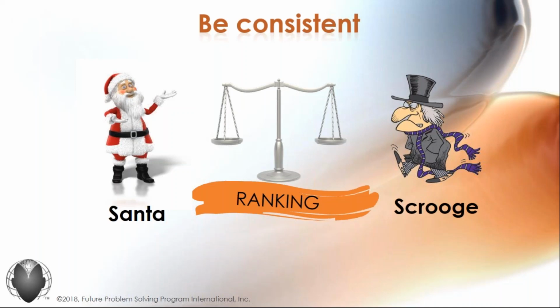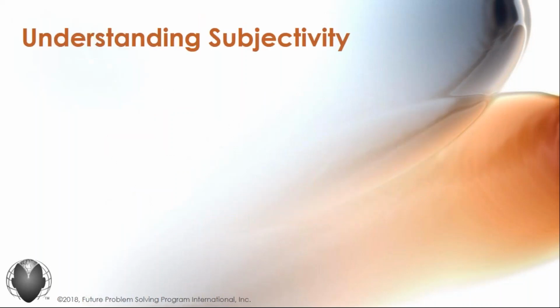And as we explore the training further, you will see how the rubric can really help and guide you from swaying too much to Santa's side or too much to Scrooge's side, so that we can consistently give students evaluations that are within a logical range of what the other evaluators are giving them.